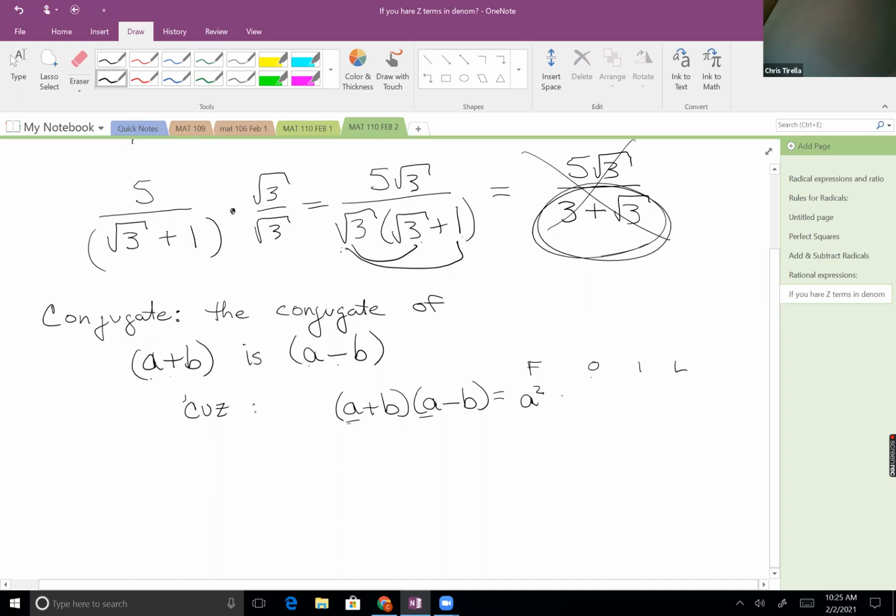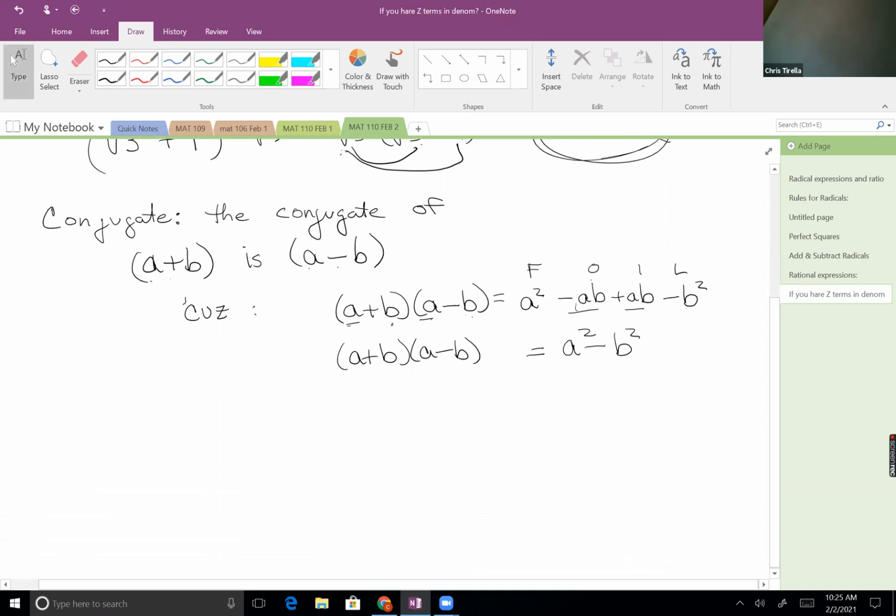Outer, A times minus B is minus AB. Inner, B times A is positive AB. Last, B times minus B is minus B squared. Now these two are like terms, and minus AB plus AB is 0. So I'm left with A squared minus B squared. Does everybody remember that shortcut? That if I take the product of the sum and difference, I get the difference of the squares, A squared minus B squared.